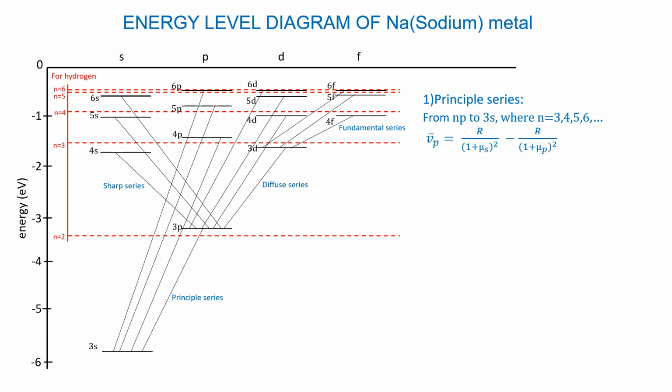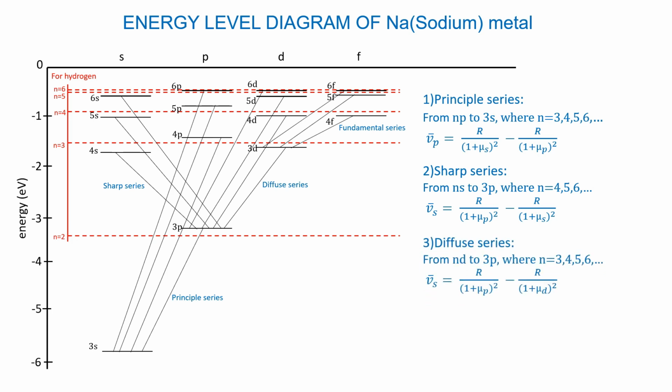Similarly, for the sharp series, that will be Vs equals, it's from ns to 3p, that means mu s is written at the back and mu p at the front. And for the diffuse series, we have Vd equals R by (1 plus mu p) whole square since it's towards 3p, minus R by (1 plus mu d) whole square since the electron is transiting from nd.